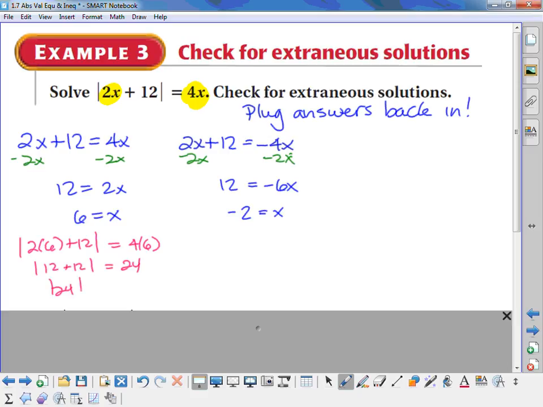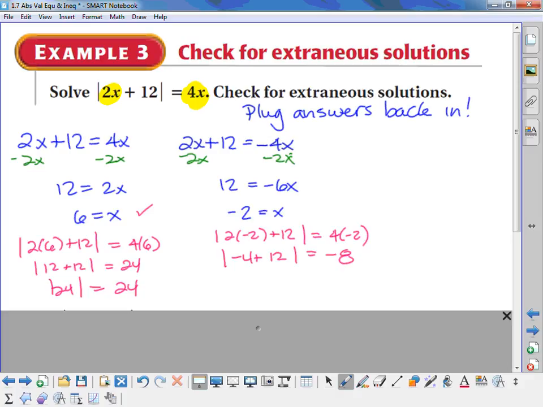The absolute value of 24 equals 24. That's true, so I know that that one works. But if I plug in the negative 2, I get 2 times negative 2 plus 12 equals 4 times negative 2. I end up with negative 4 plus 12 in my absolute value, and a negative 8.